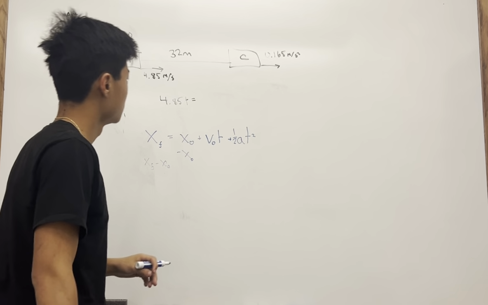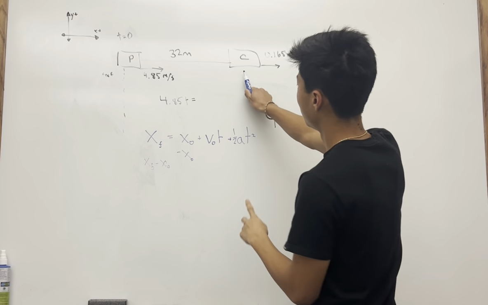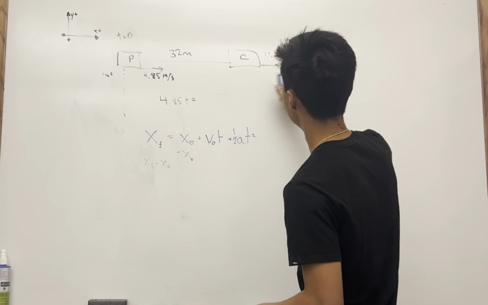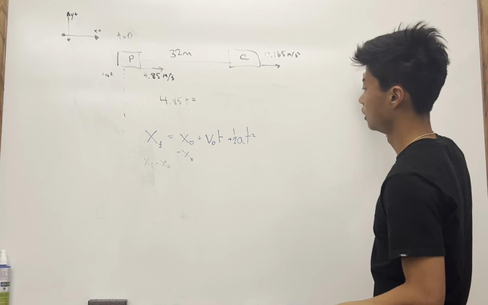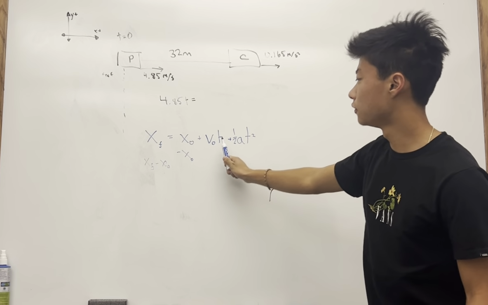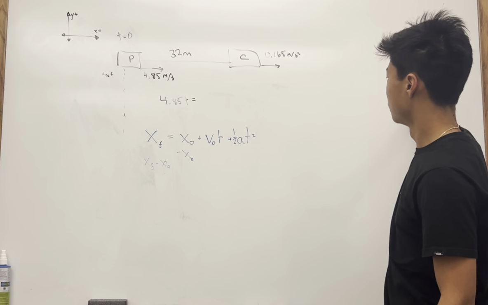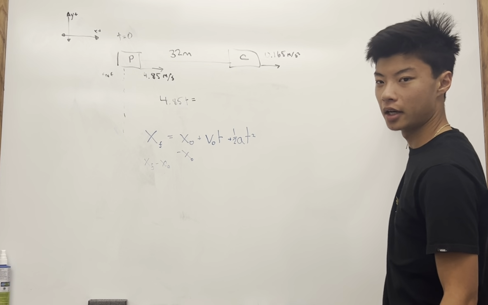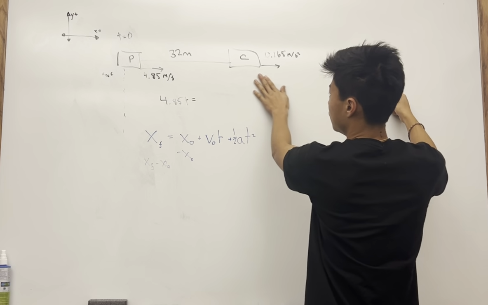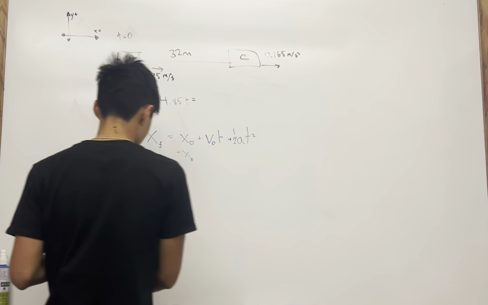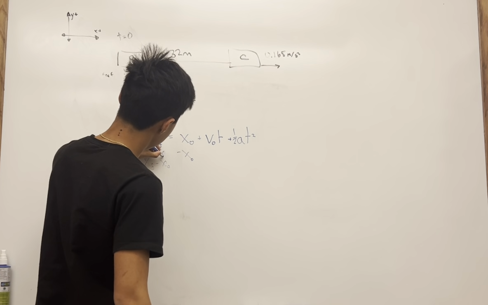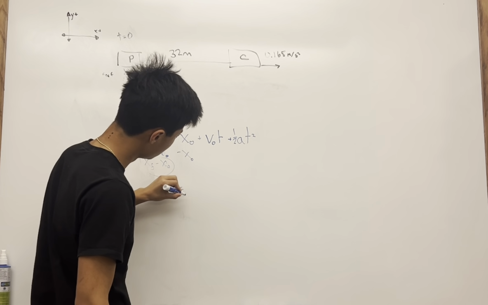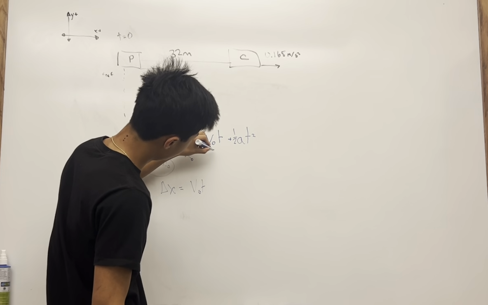And this is the same thing as how far along this car has moved, because you're taking the x final at the end of this t, minus the x initial, which is at 32, and that will get you how far along this car has traveled. So we're going to call this delta x, which is the change in x.